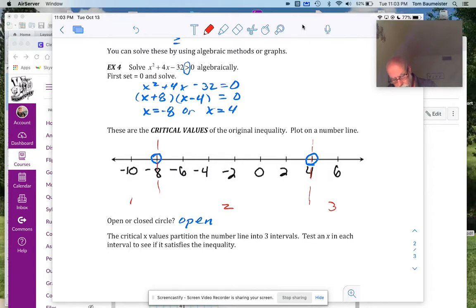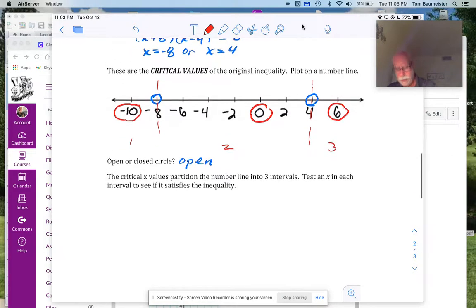I'm going to test x is equal to 0, because that one's always an easy one. Then, since I have it here, I'm going to do 6, and I'm going to do negative 10. I could have had more numbers on there too, but again, I would probably still do the ones closest to it. Remember, I cannot do -8 or 4 because those are where my intervals are broken up.